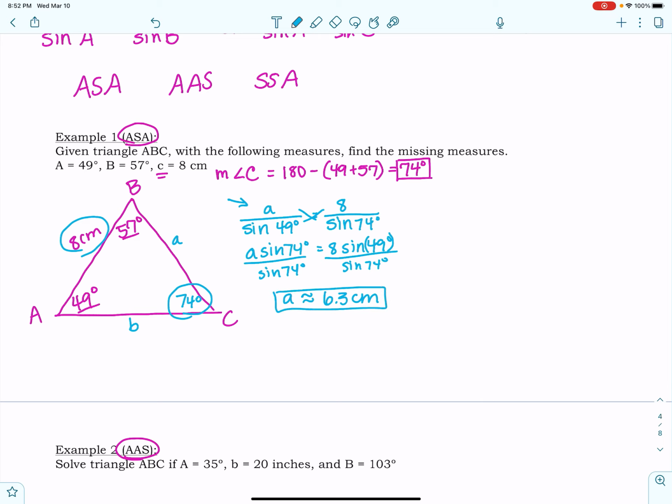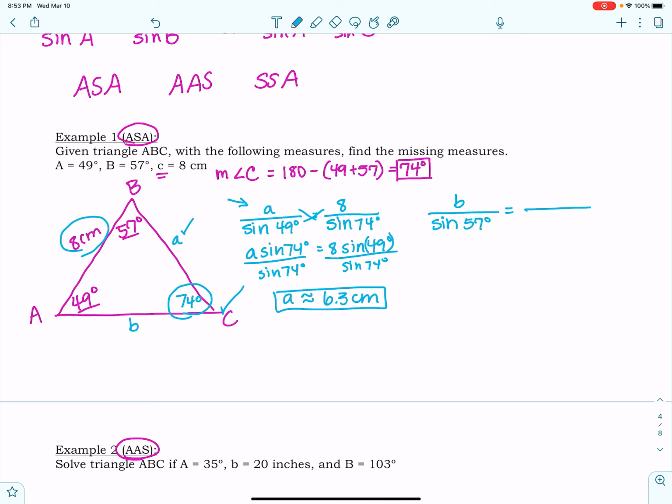And now we're ready to move on to B. So we found angle C, we found side A, now we're looking at our final piece here. So I want to know what side B is. So I'm going to set side B over the sine of 57 degrees.